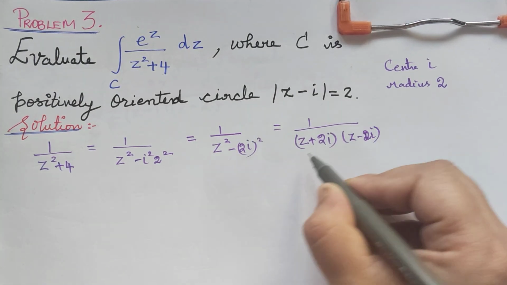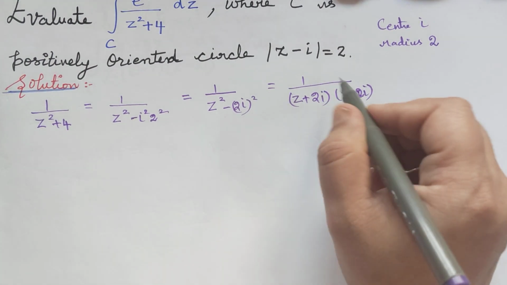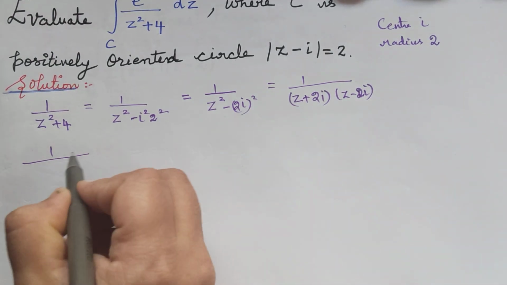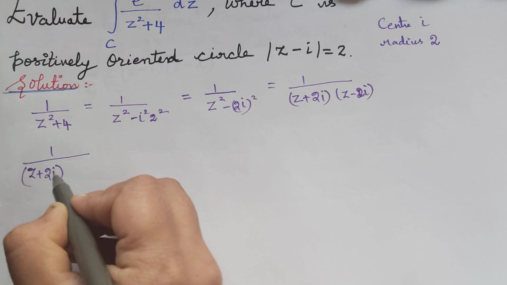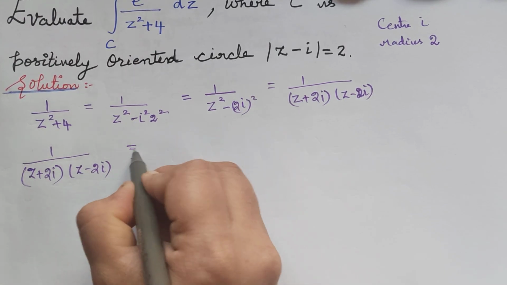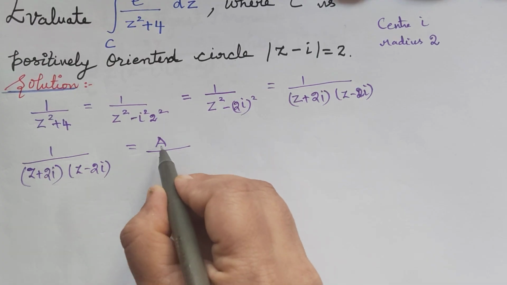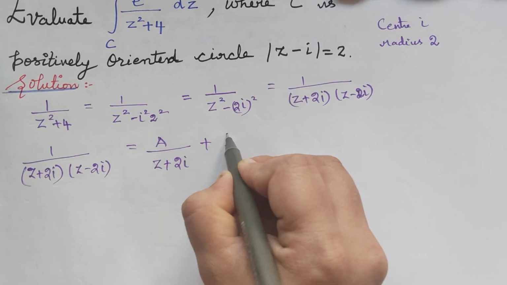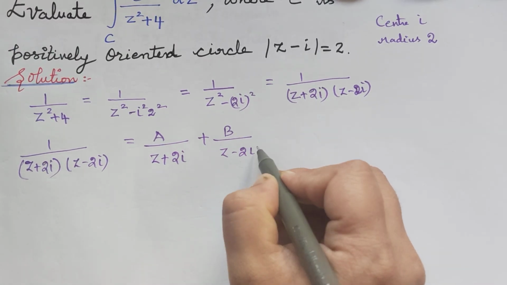So now after rewriting it like this, we can evaluate this by splitting it up into partial fractions. So 1 by (z + 2i) multiplied with (z - 2i) can be split up using partial fractions, where we have a by (z + 2i) plus b divided by (z - 2i).